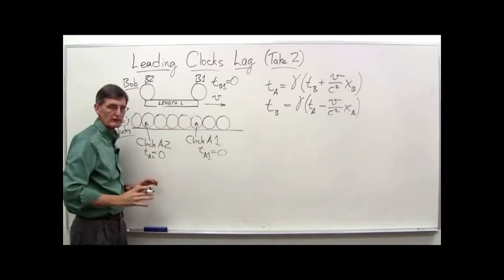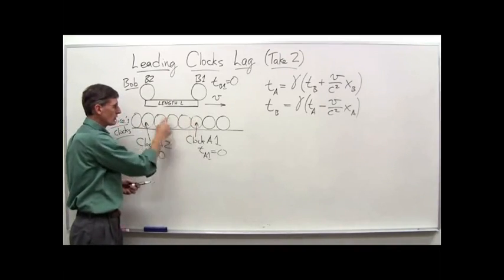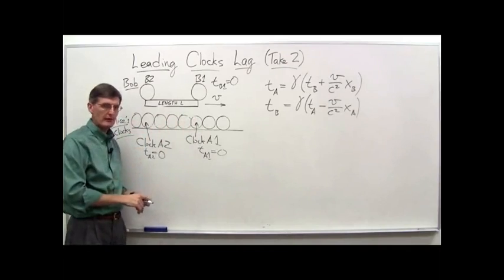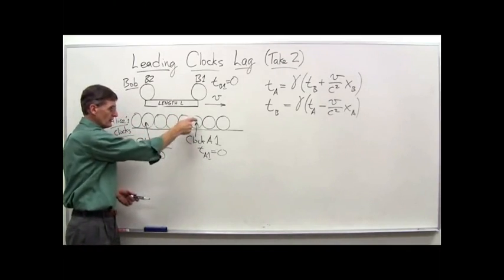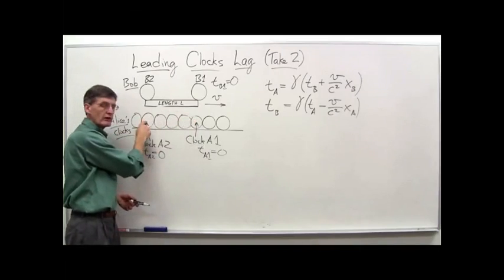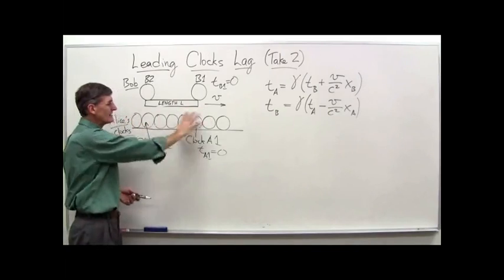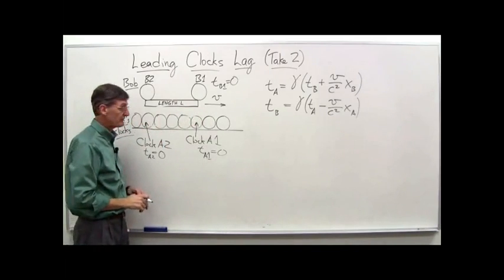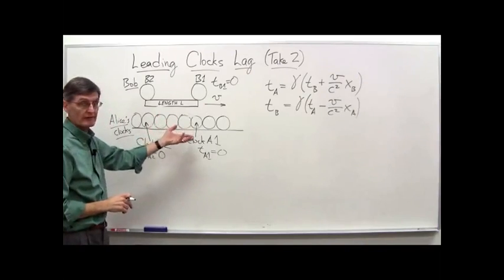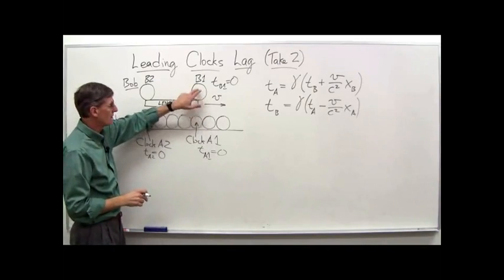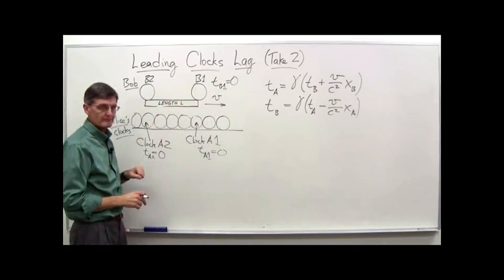Those flash photographs both show her clocks reading 0. That's why we know it's from Alice's perspective: if this reads 0 and this clock reads 0, we know they're synchronized, at the same instant in time as far as Alice is concerned. So we also know for the first flash photograph, T B1 equals 0 here.